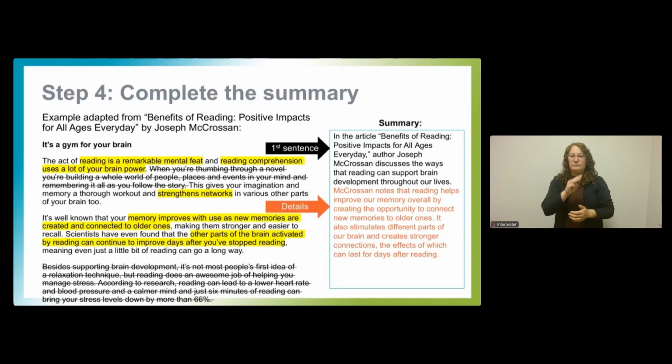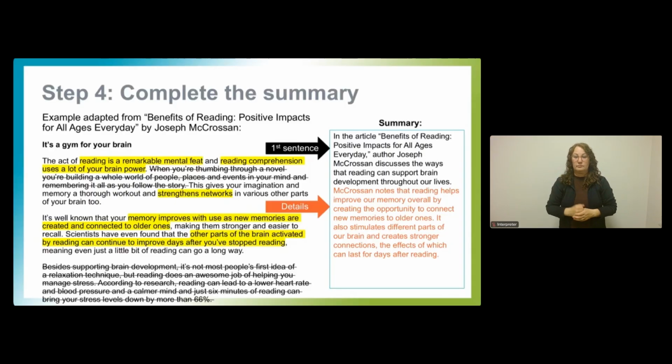McCrosen notes that reading helps improve our memory overall by creating the opportunity to connect new memories to older ones. It also stimulates different parts of our brain and creates stronger connections, the effects of which can last for days after reading.